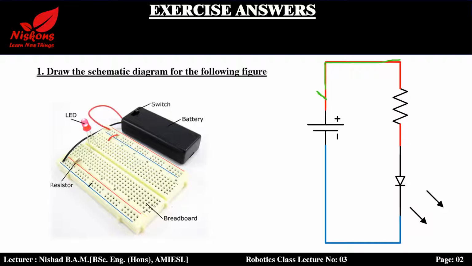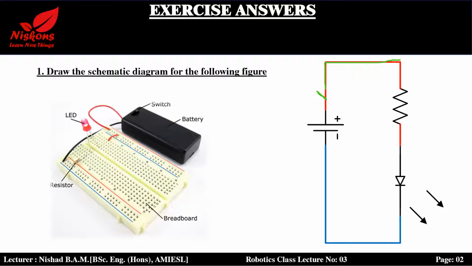These lines are connected, and the wire is connected to this resistor. It means this wire is connected to this resistor. This is how a resistor is connected.